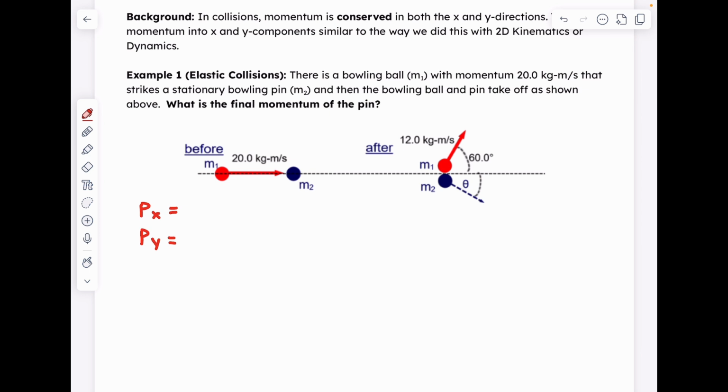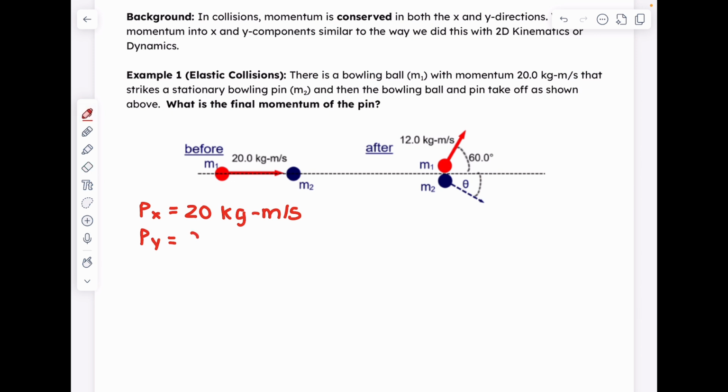So in the X direction for this first system, you can see the bowling pin's not moving. The bowling ball has a momentum of 20 kilograms meters per second. The bowling pin has zero momentum in either direction, and the bowling ball has no momentum up or down.